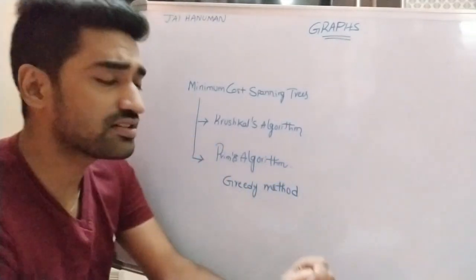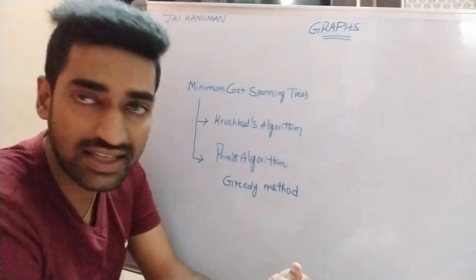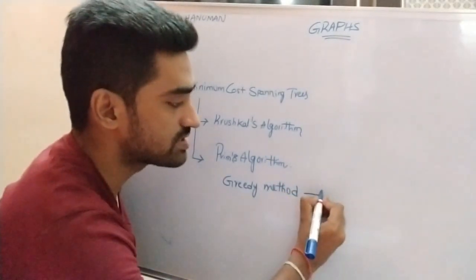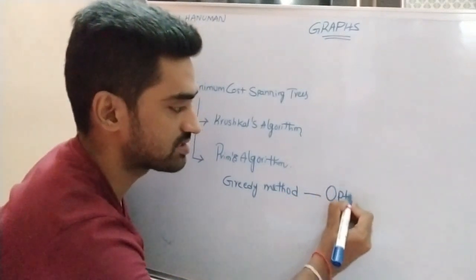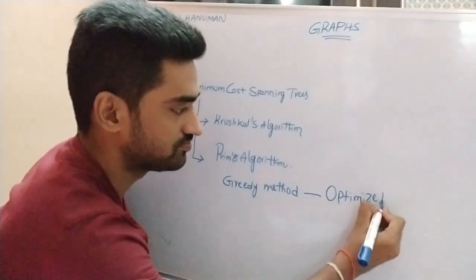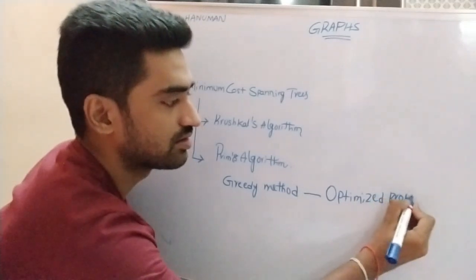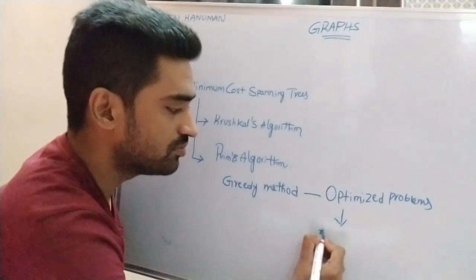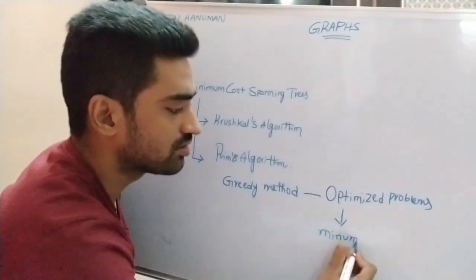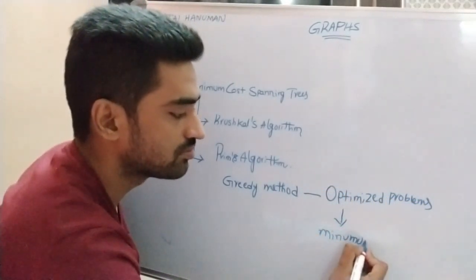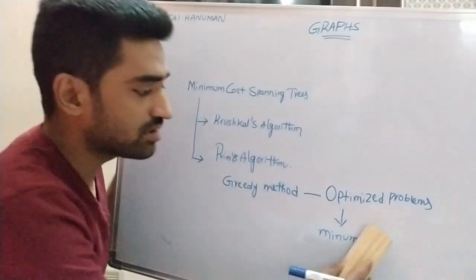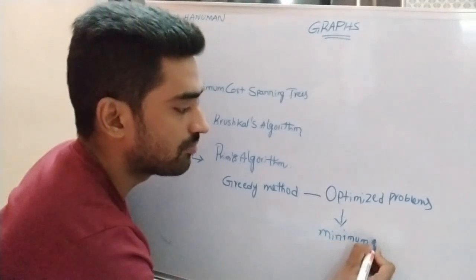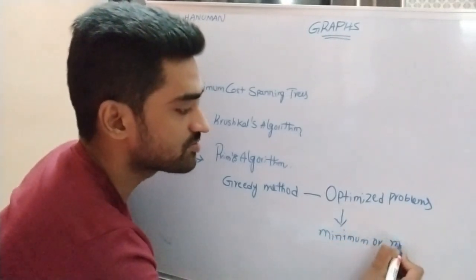The greedy method is one of the problem solving techniques which solves optimized problems, and it gives a solution that is either a minimum or a maximum solution.